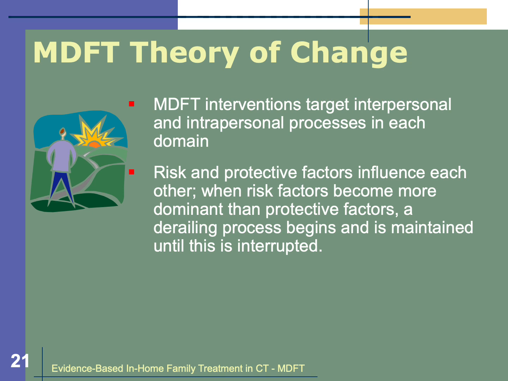But you also look at risk and protective factors and how they influence one another. And essentially what you're trying to prevent is that risk factors outweigh protective factors. You actually want to have more protective factors than risk factors. You can't eliminate risk, but you can lessen its effect by increasing protective factors.